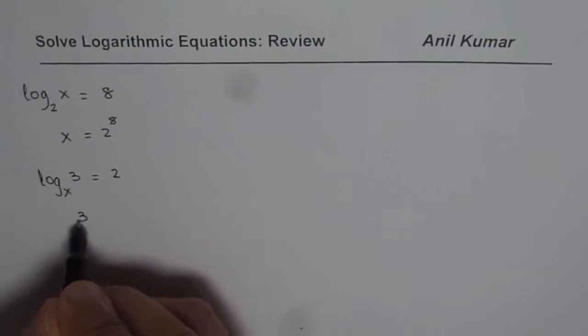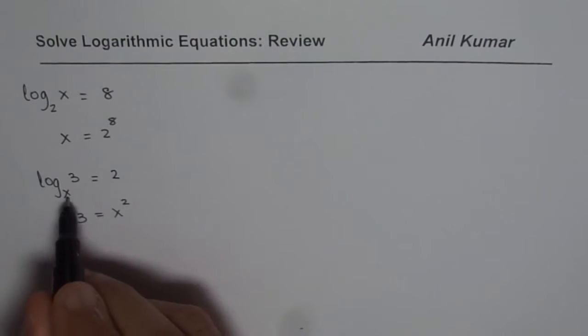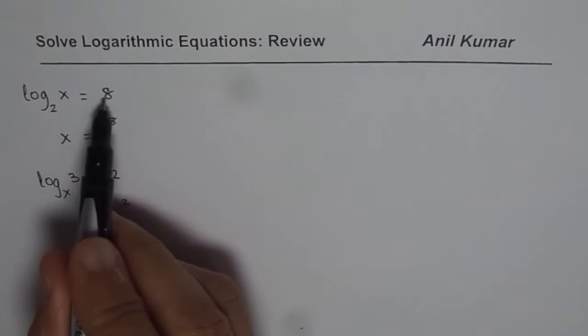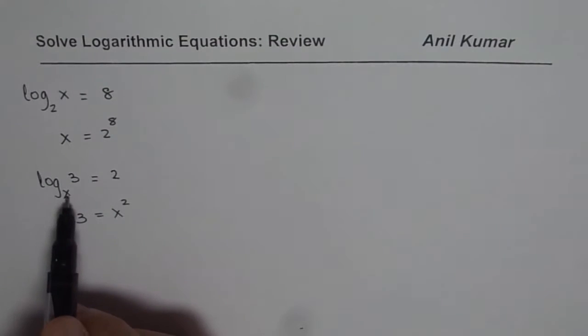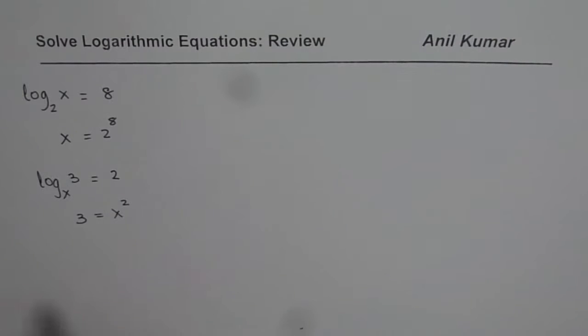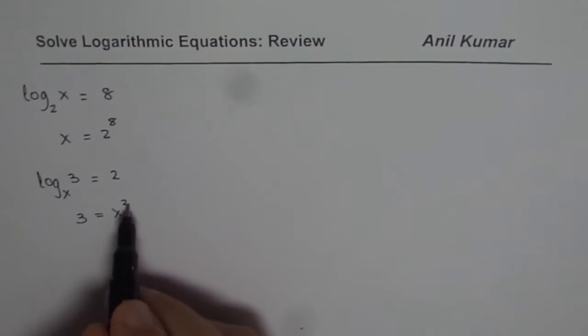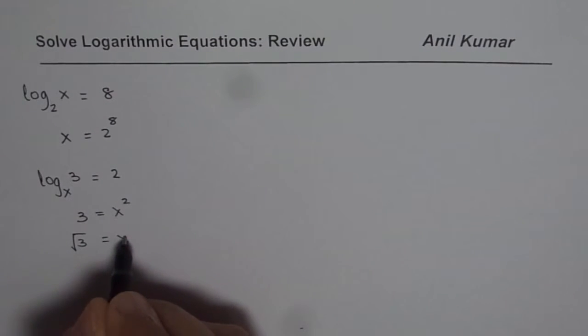We will write this as 3 equals x to the power of 2, writing it in exponential form exactly as we did before. The base is x itself. x square is 3. Do you get the idea? Now to find x, x square is 3, so x is the square root of 3.